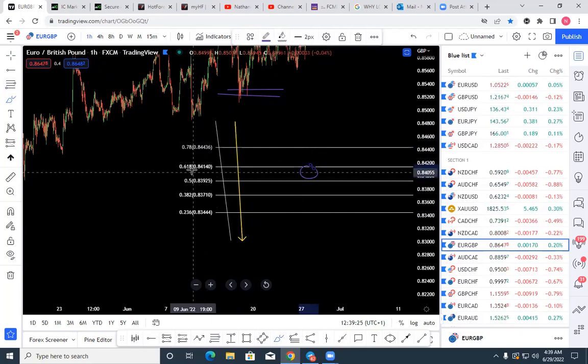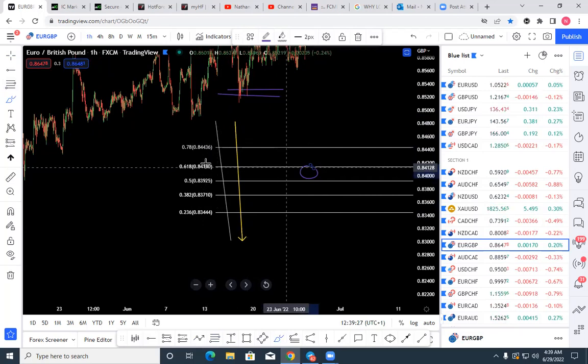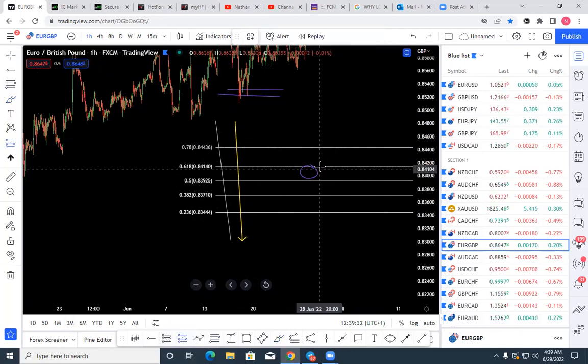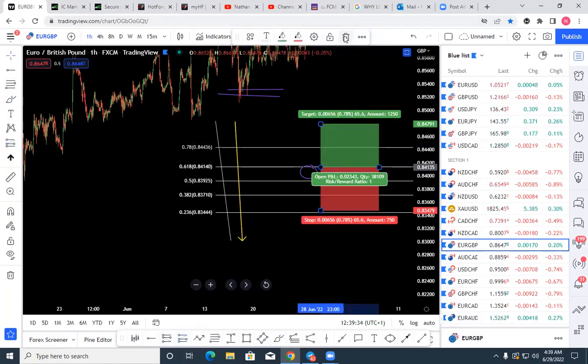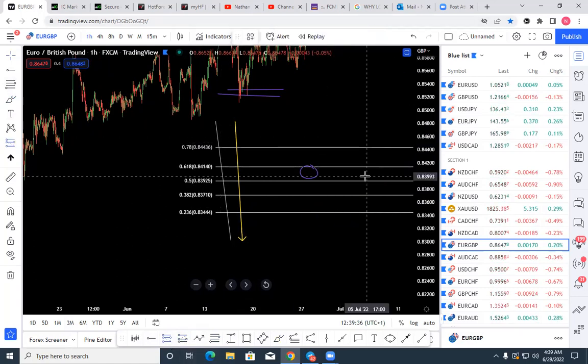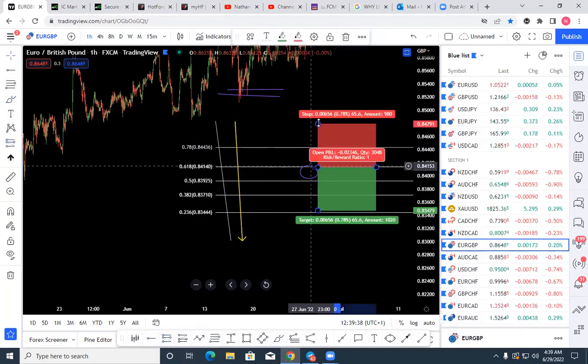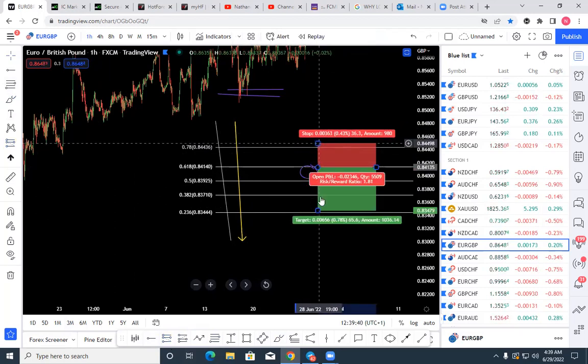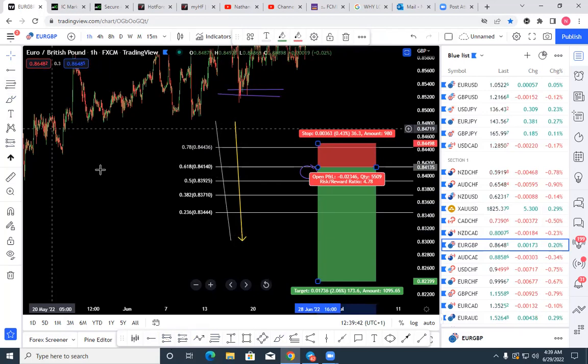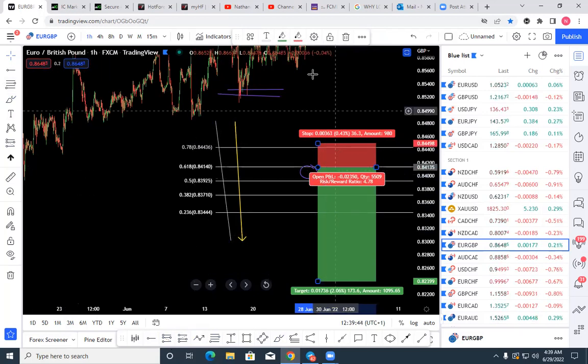What is the price there? 0.8414. You now set your sell limit at that spot, stop loss here. You do it like this. It's wrong. You don't do it that way.